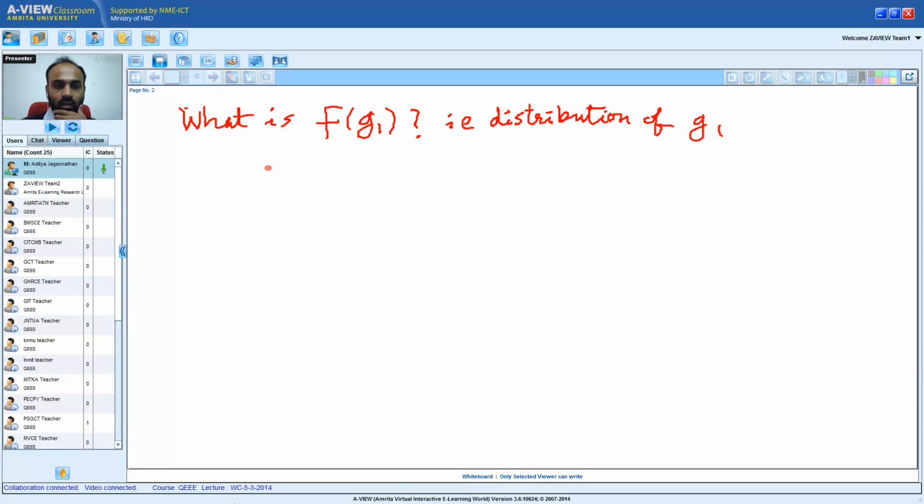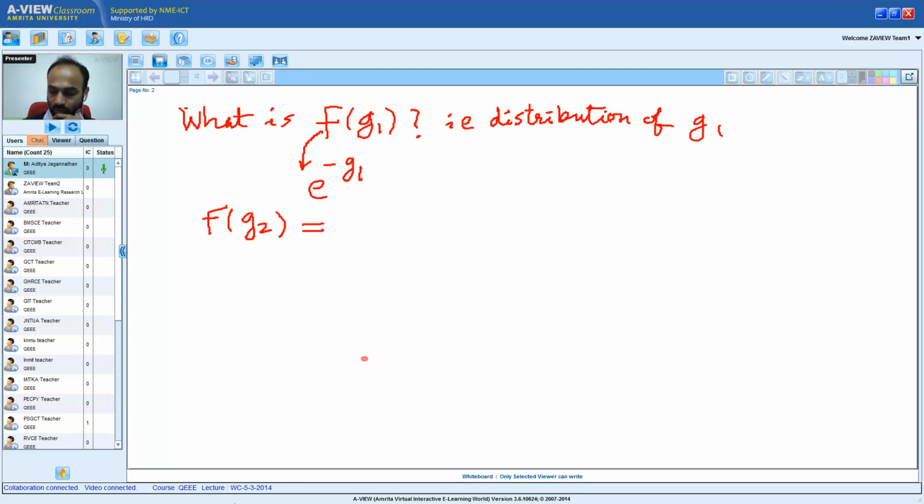Correct. So I'm getting the answer again from GCT. The distribution f of G1 is exponential, very good, e to the power of minus G1. How about f of G2? What is the distribution of G2?